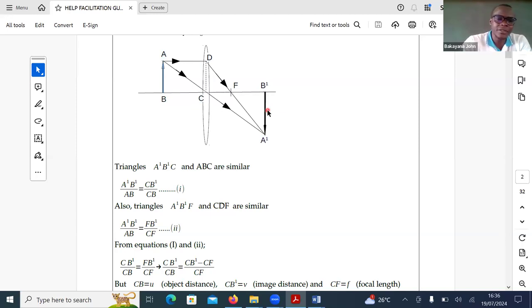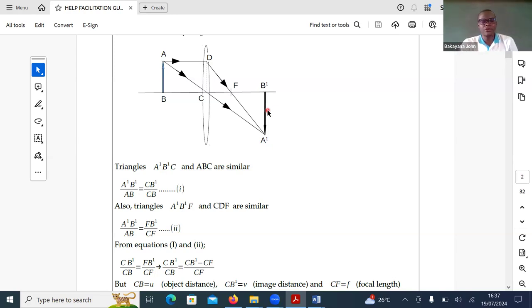So let A prime, B prime, C, and A, B, C be two triangles that are similar. Of course, like I said, you can have rays that are close and parallel to the principal axis. We know that after refraction, they go through the principal focus.